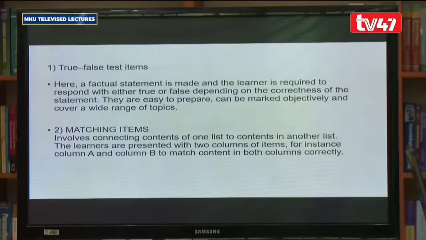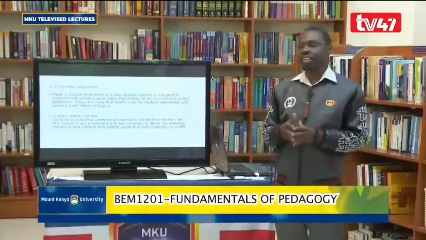If the true-false item has only 2 choices, if a learner picks true, then that is the only answer there. Or if the learner picks false, then that is the only correct answer, and there is no other way.